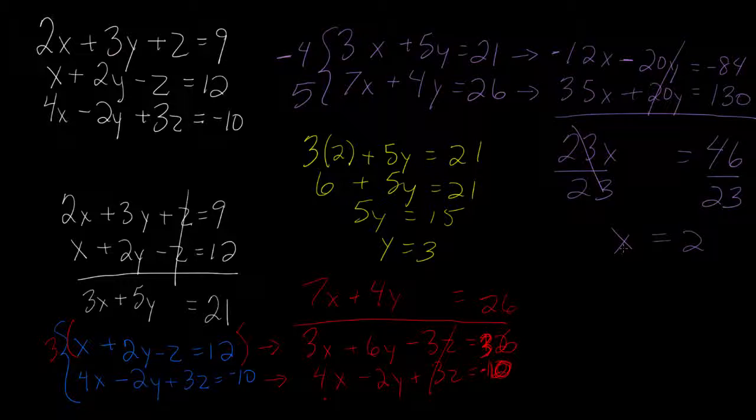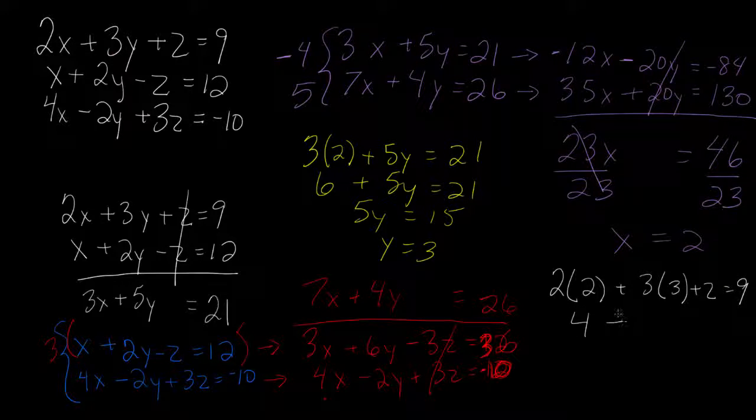We've got to plug the values back into one of the original equations so that we can figure out what z is. So we've got to go back to these original equations up here. Let me use the top one. We've got 2x plus 3y plus z equals 9. 4 plus 9 plus z equals 9. 13 plus z equals 9.